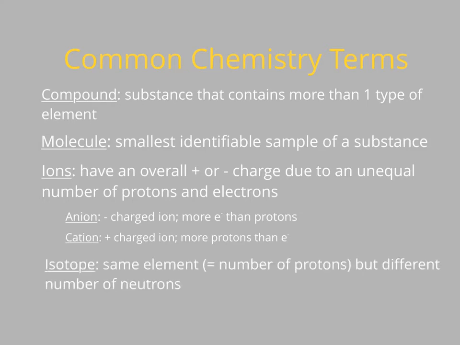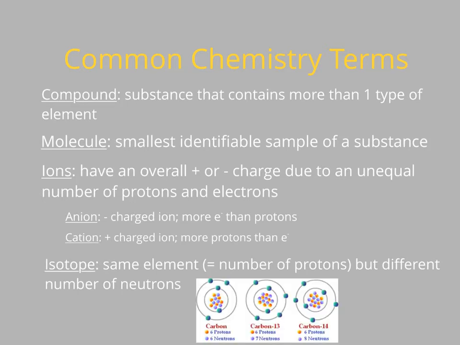So again, our number of protons will be the same, but our number of neutrons may differ. Again, using carbon as our example, a typical atom of carbon is going to have 6 protons and 6 neutrons. So an isotope of carbon could have 6 protons and 7 neutrons, or 6 protons and 5 neutrons.